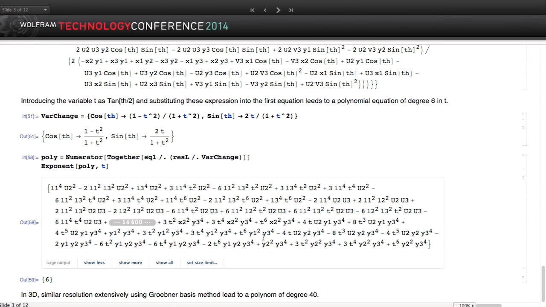Here the angle appears as a t, which is, modulo change of variables, related to the cosine and the sine of the orientation of the platform. So I first try to get a polynomial equation in this t that gives me the orientation, and once I have the orientation, I can compute the x and the y.